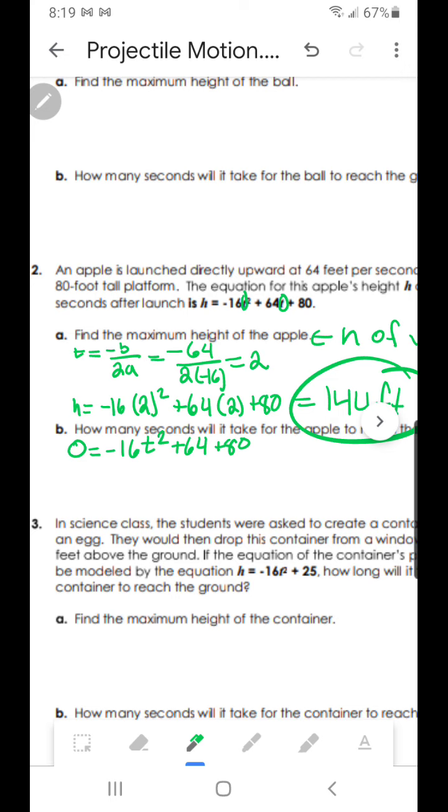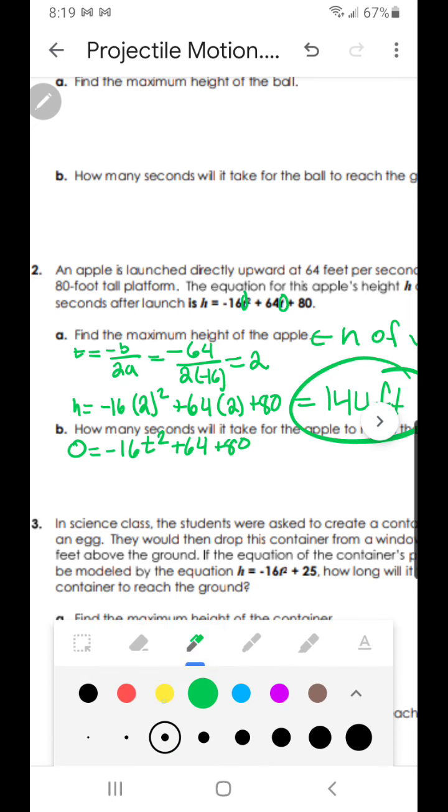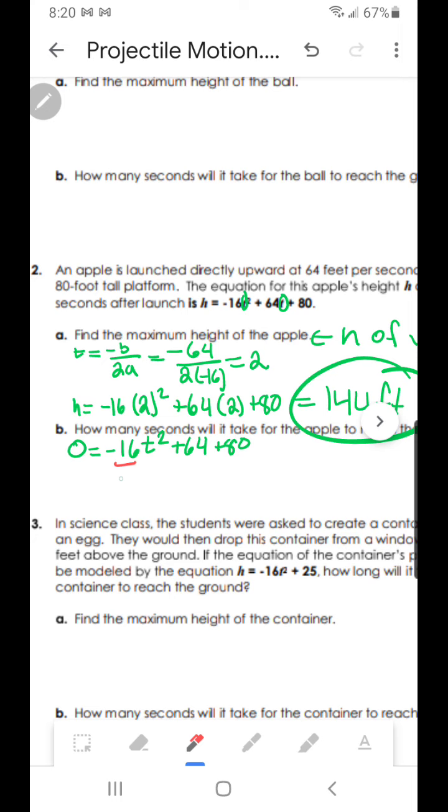All right, so let's go ahead and factor. I first noticed that I can factor out a 16 from all of these pieces. I like it when my coefficient for the t squared term is positive, so I'm going to divide out a negative 16 from all of these. So check this out, what's going to happen.